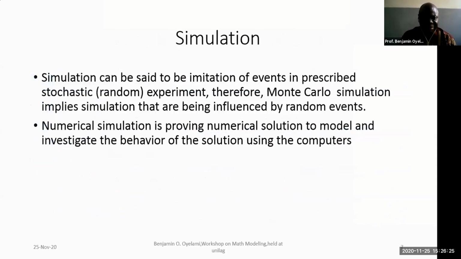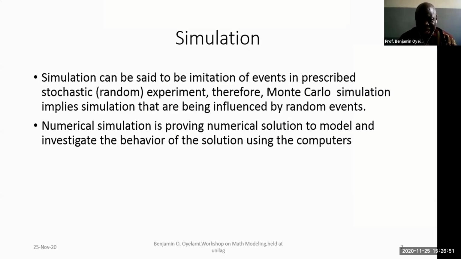Now, simulation. Simulation can be said to be imitation of events prescribed in a stochastic or random experiment. Like, for example, Monte Carlo simulation, which was developed by von Neumann when he was studying the problem of nuclear shielding during the Second World War, around 1945.